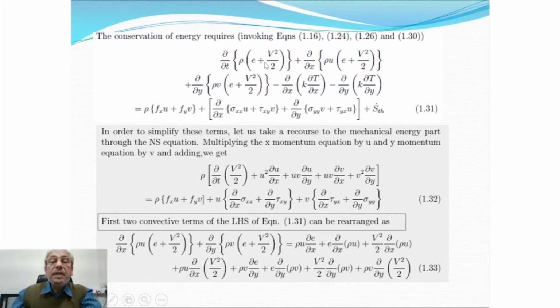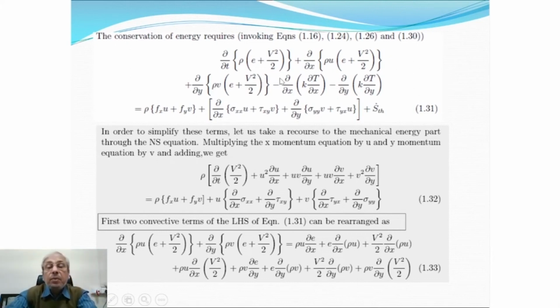And on the left hand side, the rate of change of energy within the control volume and rate of efflux of energy through the control volume in convective mode and diffusive mode. So this 1.31 is actually the complete accountability of energy.